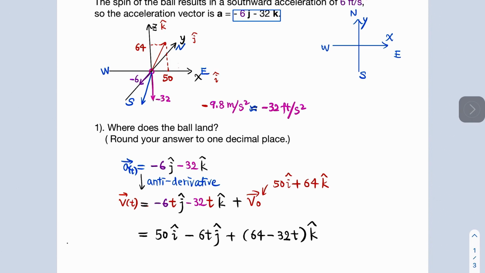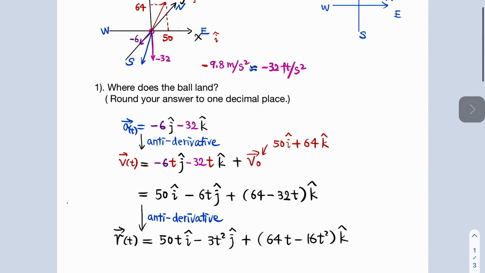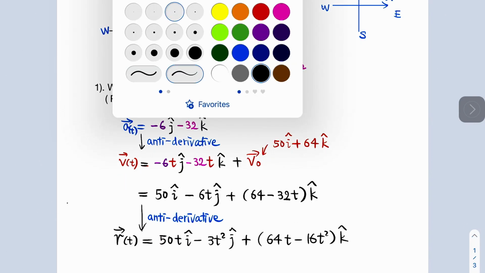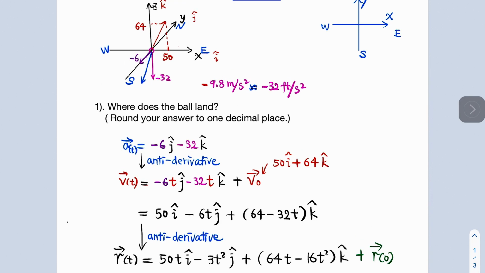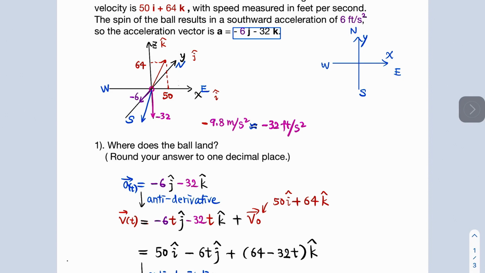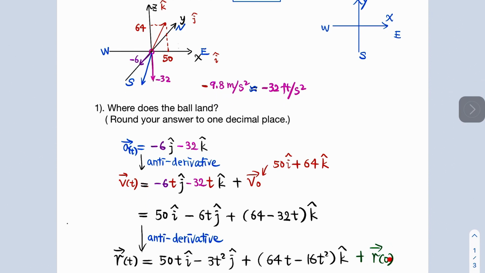Now we can take the antiderivative of the velocity vector to get the position vector. So the position vector r(t) is going to be the antiderivative of each component, plus a constant vector, which is the initial position. But remember, we throw the ball into the air from the origin, so the initial position is actually the zero vector.